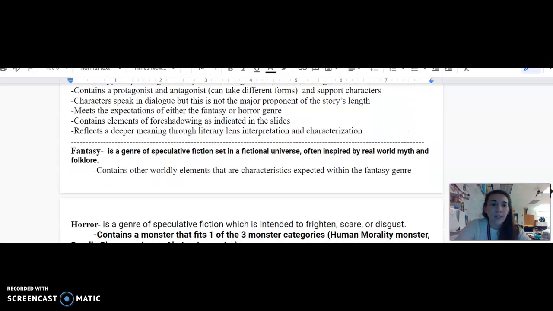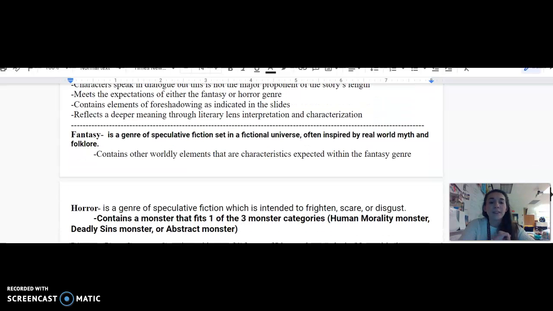Let's talk a little bit about the genres. So fantasy is a genre of speculative fiction set in a fictional universe, often inspired by real-world myth and folklore. It contains otherworldly elements that are characteristics expected within the fantasy genre. So this would be like the fairy handbag that has a mixture of real-world elements and fantasy elements. So if you want to work in that genre, that's perfectly fine.